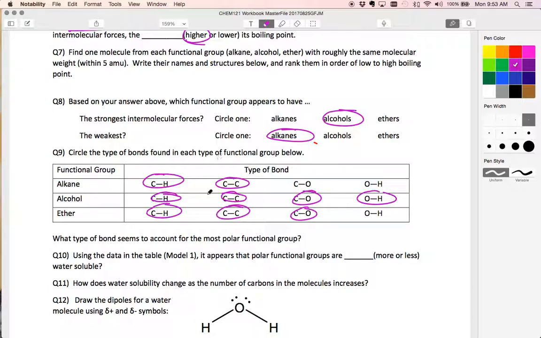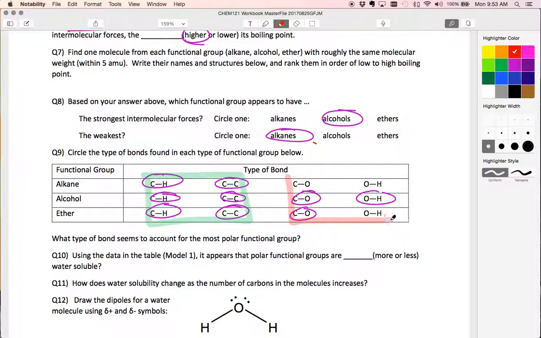So notice that when we categorize polar and nonpolar, we've got our nonpolar types of bonds here, and we have our polar types of bonds on the other side. So here's my nonpolar, and then here's my polar. And then I have very polar even right here. So those are the ones that are going to hydrogen bond.